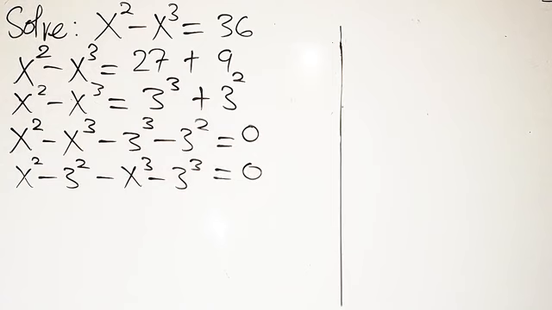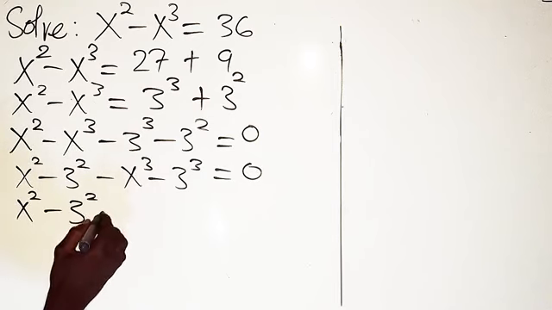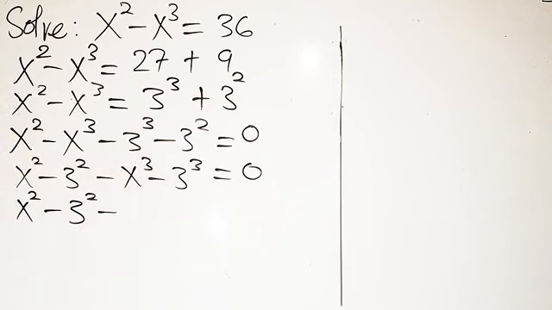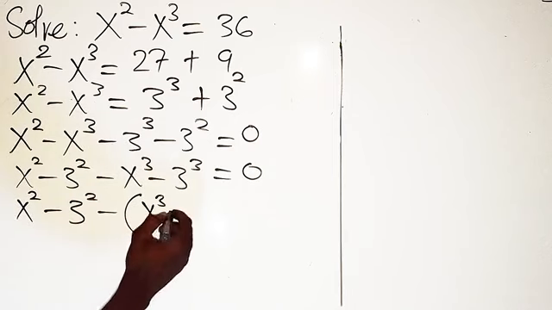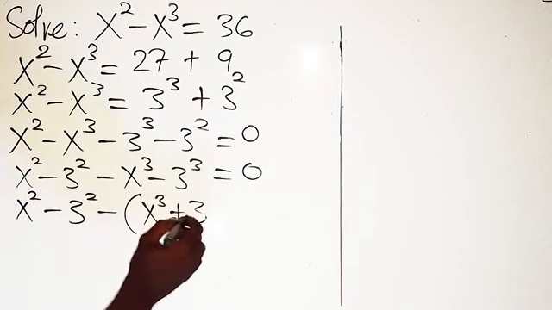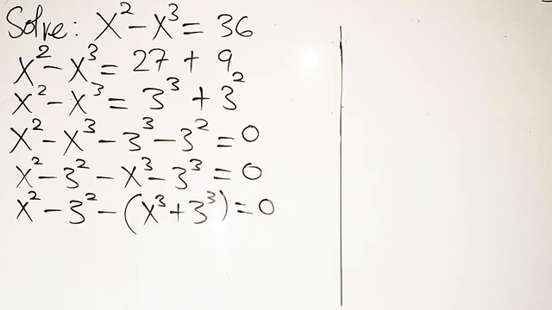So now from there, we have x squared minus 3 squared. Then here, I can factorize minus out, that is minus 1. I have x cubed, this will change to plus, then we have x to power 3, equal to 0.